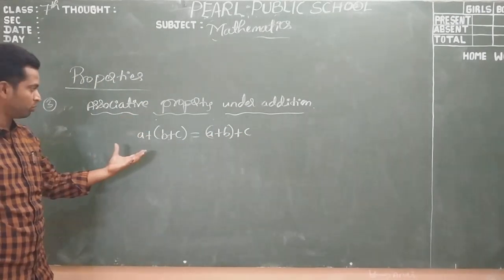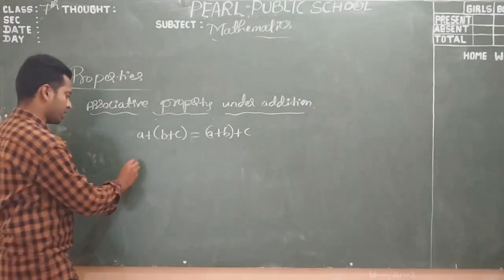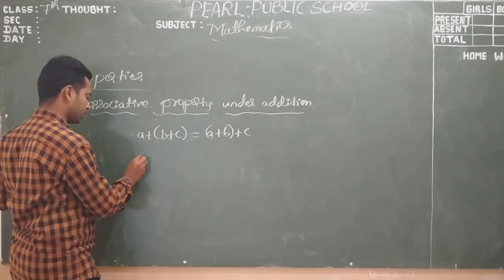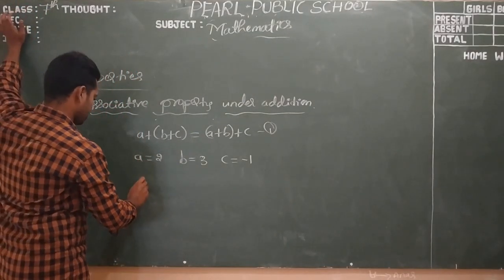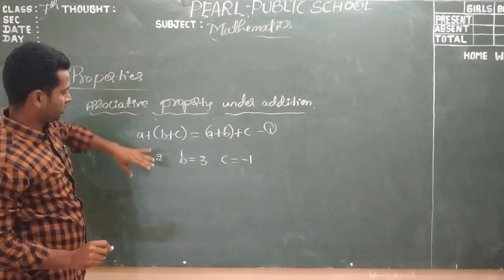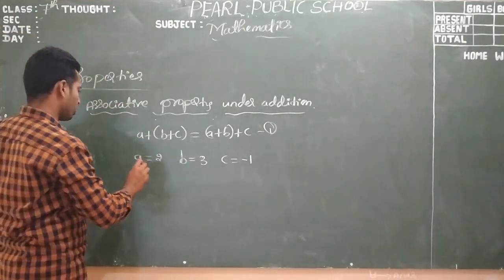Now I am going to prove this associative property by taking three integers. Now by taking these integers, you just substitute the values of a, b, c in the above equation.